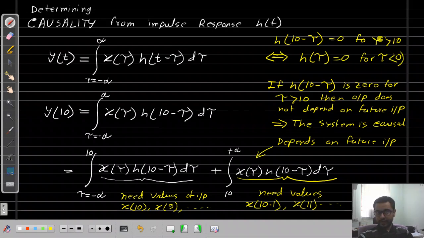Here if tau is greater than 10, that means the argument becomes negative. So that is what I write here, that if the argument is negative, then the value is 0. If that is the situation, that means the system is causal.